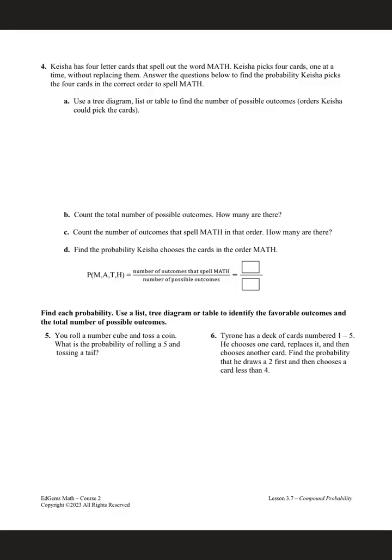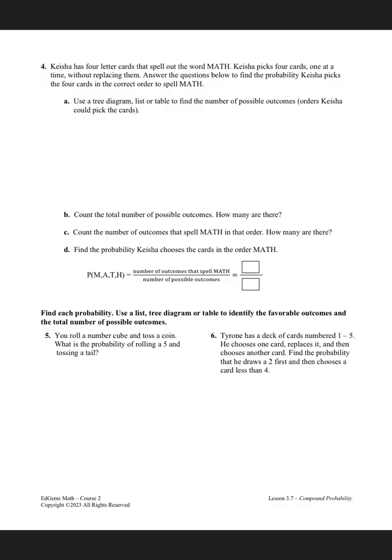All right. Here we are, number 4. On number 4, we've got Kesha has 4 letter cards that spell out math, M-A-T-H. Kesha picks 4 cards, one at a time without replacing them. Answer the questions below to find the probability.